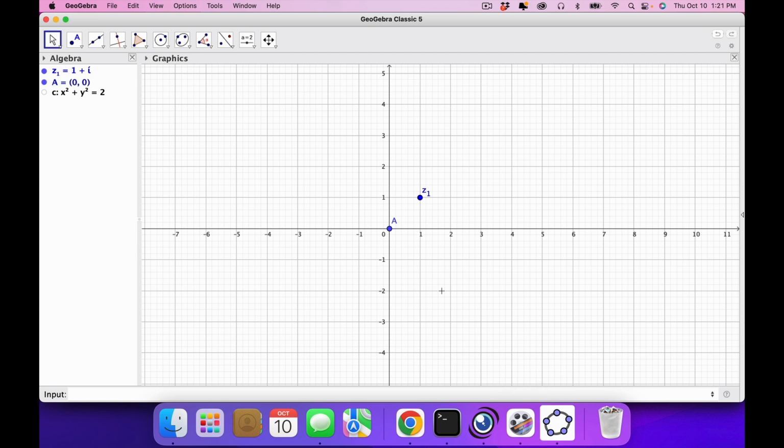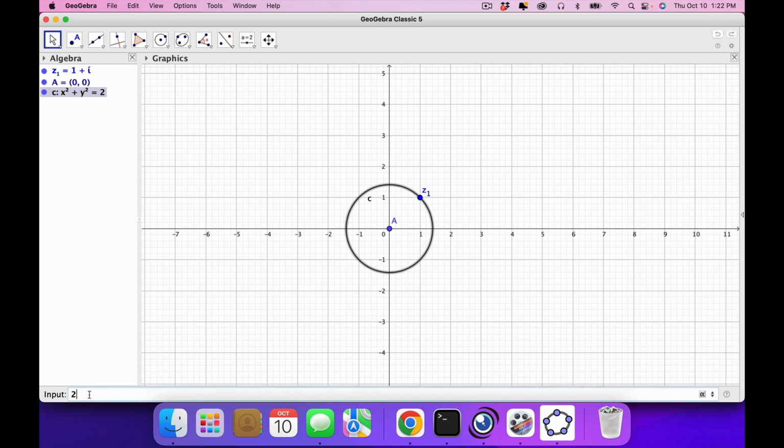Let's visualize that real quickly here. Looking on the screen, we're looking at GeoGebra, and I've defined this complex number z1, which is 1 plus i. Now, I'm going to construct a circle which will have a radius of square root of 2, because that's the magnitude of z1. Now let me do some operations on z1.